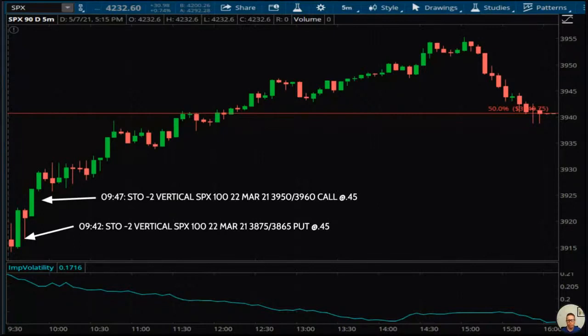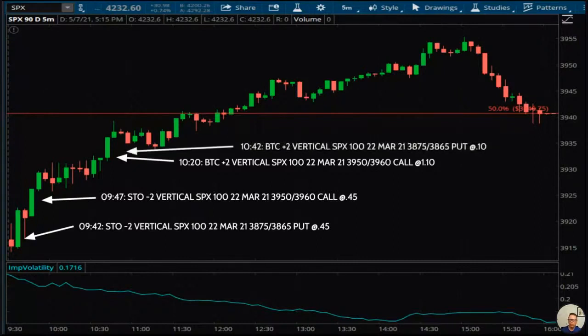So it was a little bit further in time, right? And what happened was I felt that the call side was going to continue moving up, so I got out for a loss, basically a little over 2 times the spread, and then ended up closing the other spread for 10 cents.